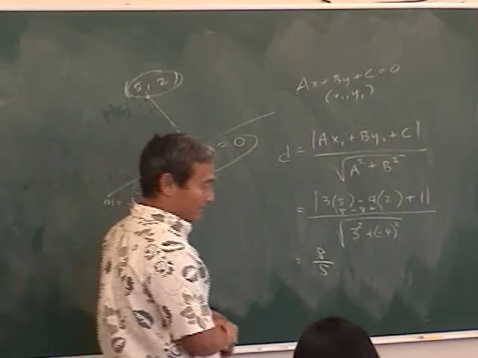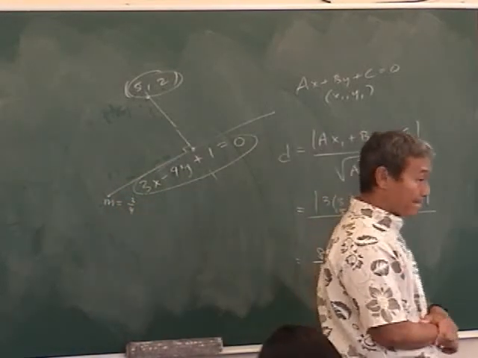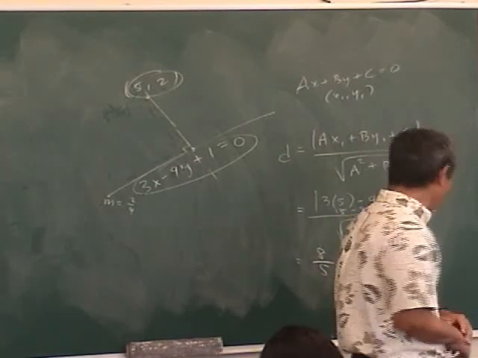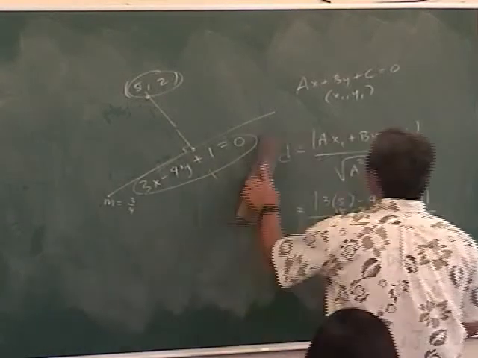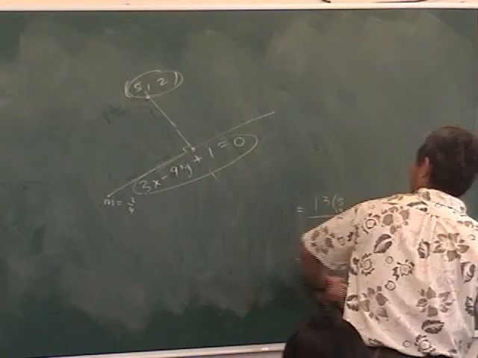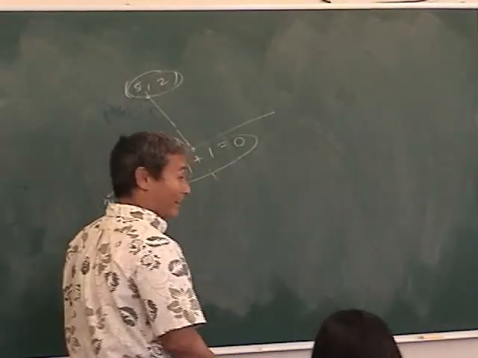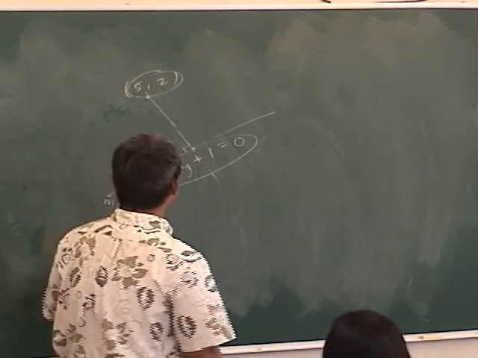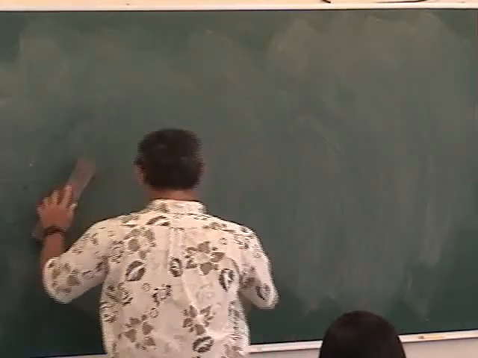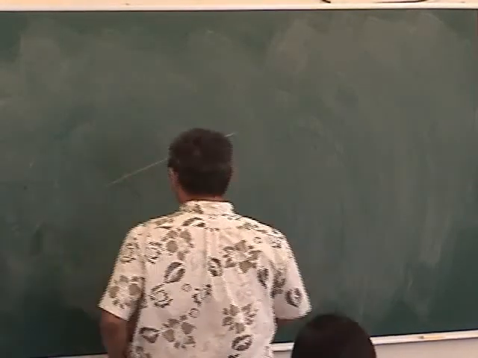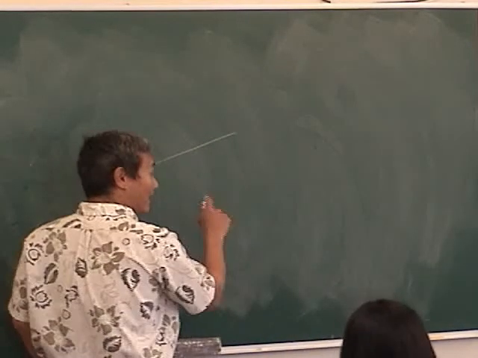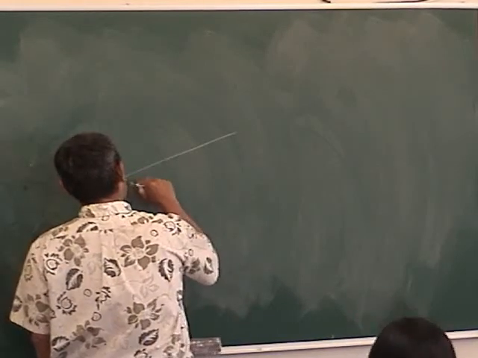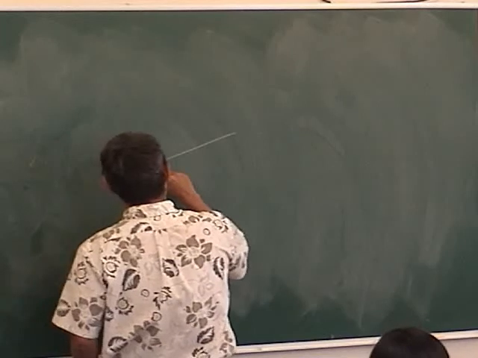Okay, we're done. You challenging me? Clear the board! Okay, you want me to do it the long way? No, you have to do a different problem. I make up the line here, but you can't know the answer: 5x plus 12y plus 1 equals 0.